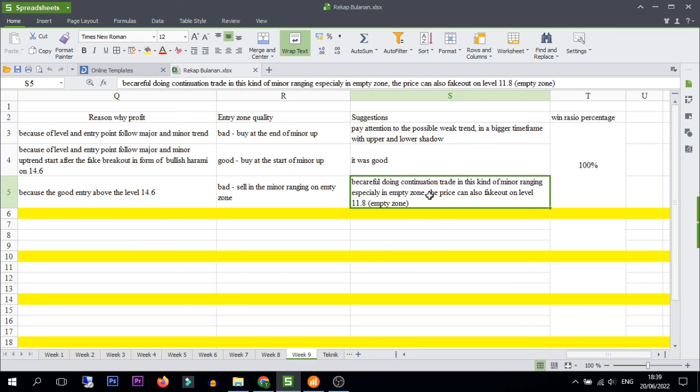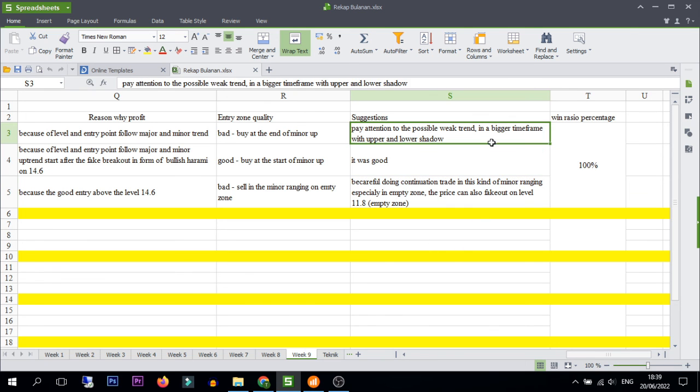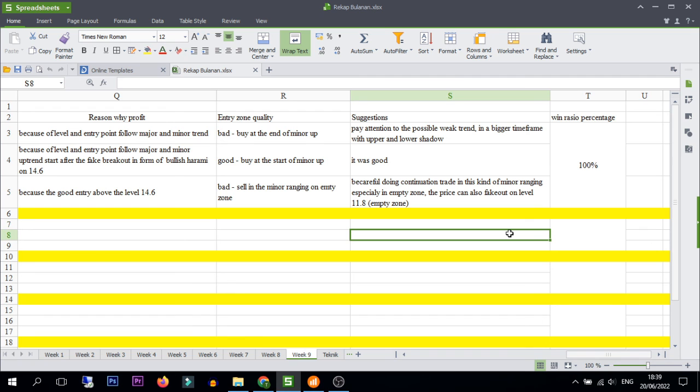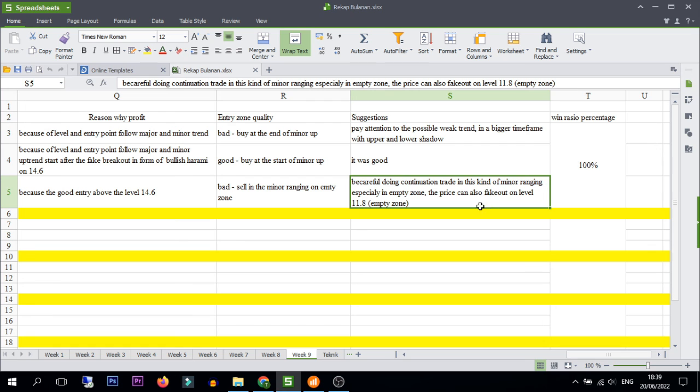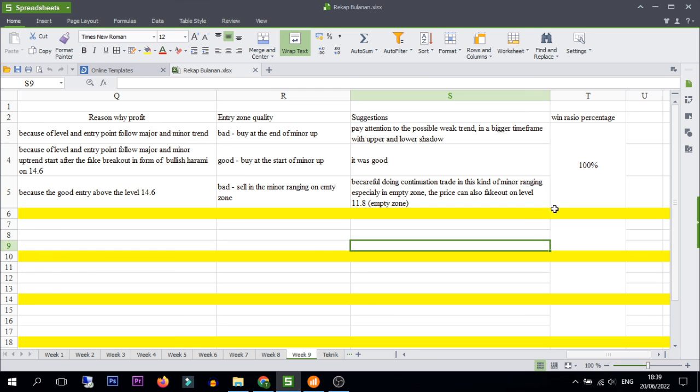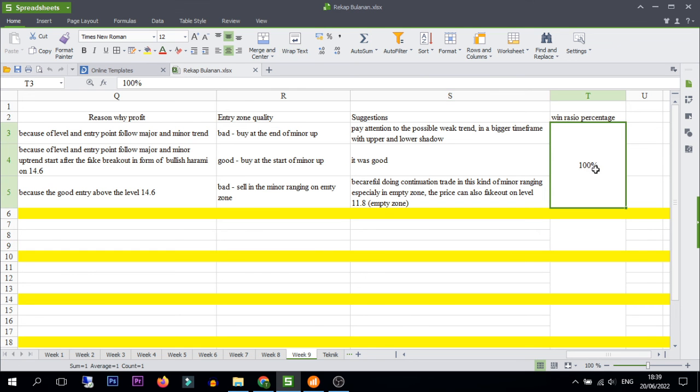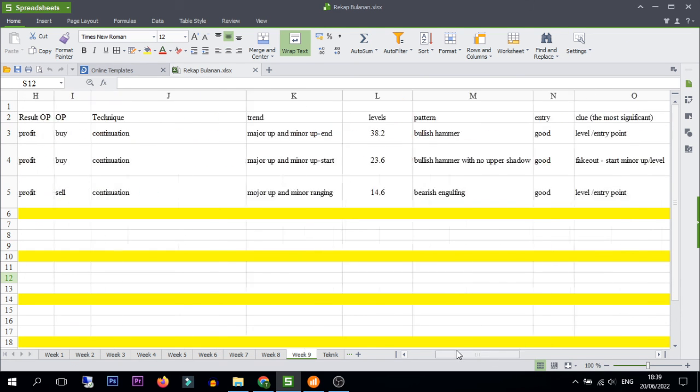So if ranging there, be careful, but if there is a trend continuation, it's good, because in that range you have to be doing a continuation trade, but it has to be in the major trend. Okay, so what I'm doing here is against the major trend in this kind of location, so that is not good. So the win ratio is that.